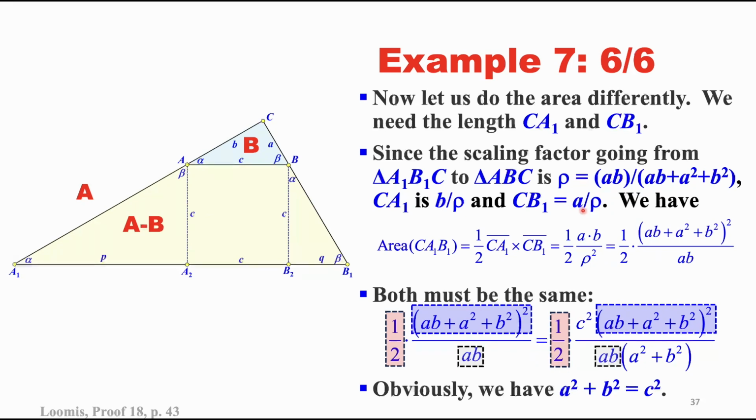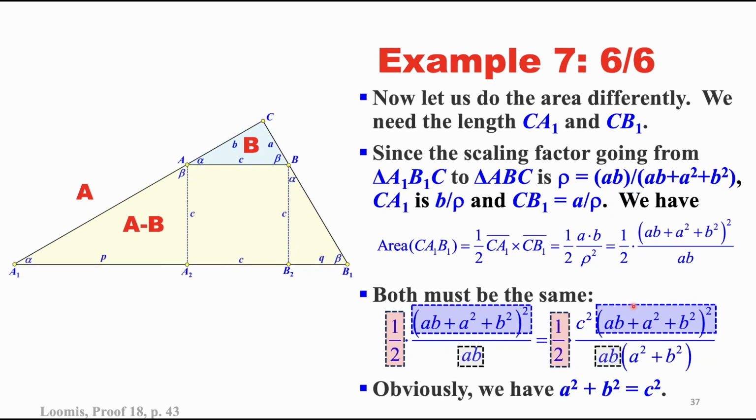CB is equal to A divided by rho. The area of CA1B1 is half of CA1 multiplied by CB1. So A divided by rho times B divided by rho, we have this. And this calculation must be equal to the calculation we obtained earlier.